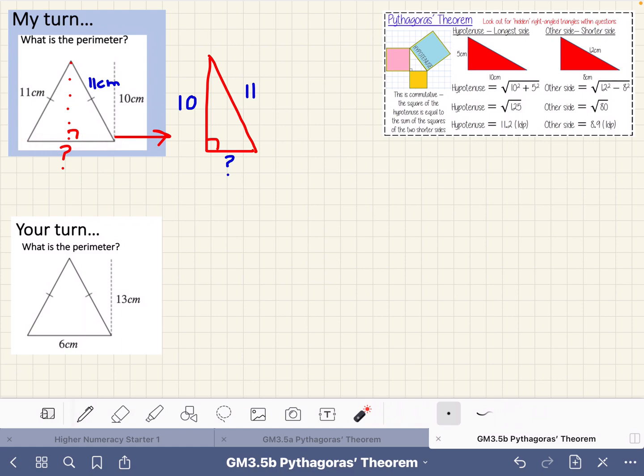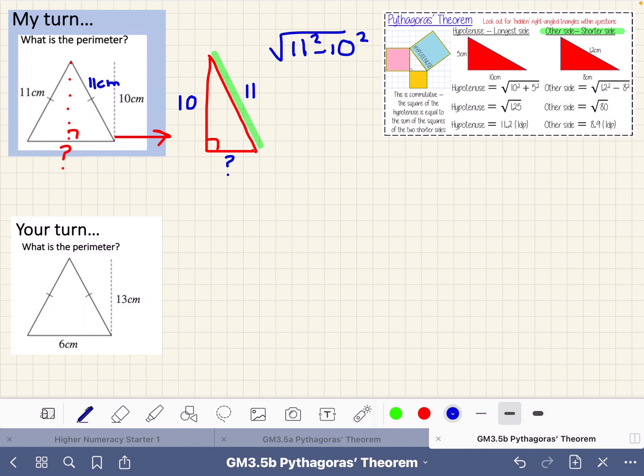As we said, this is my hypotenuse. That means I'm trying to find a shorter side. I do that using my subtraction rule. That means I am looking for 11 squared, take away 10 squared.